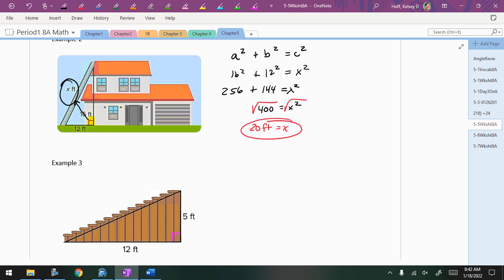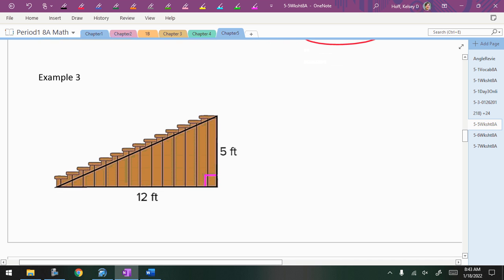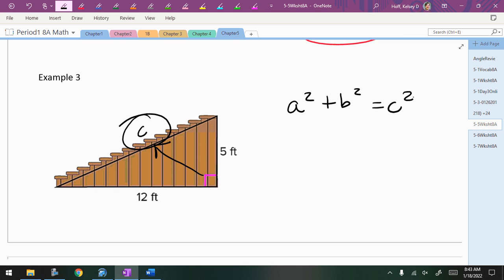Zayden, don't. Okay, second, and then your x squared button.